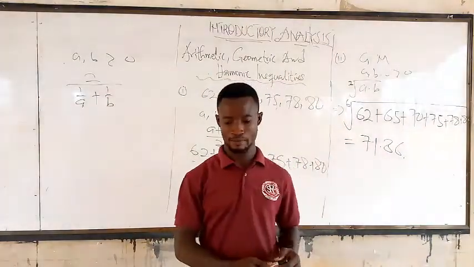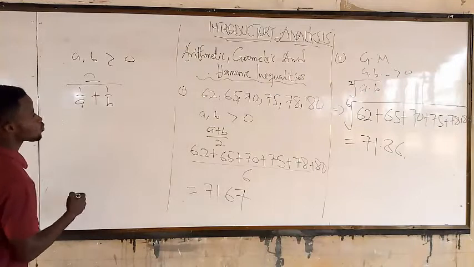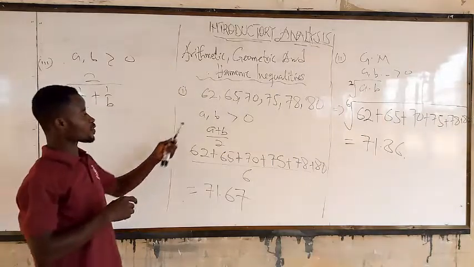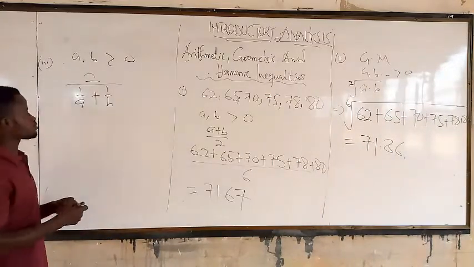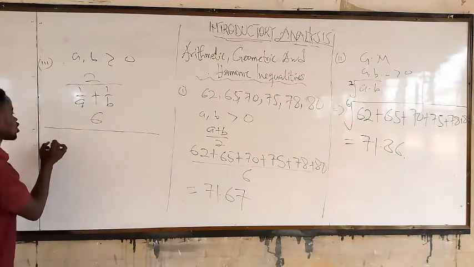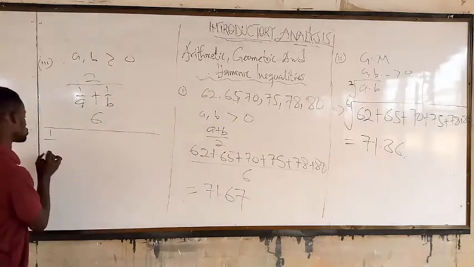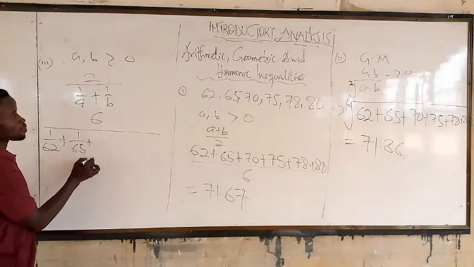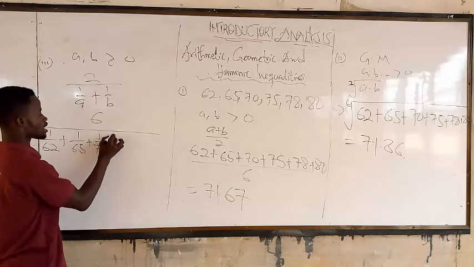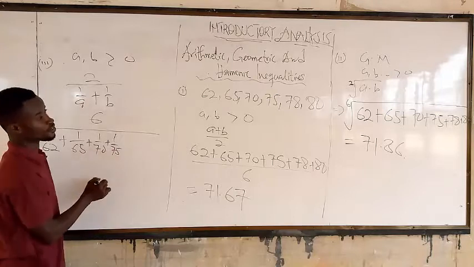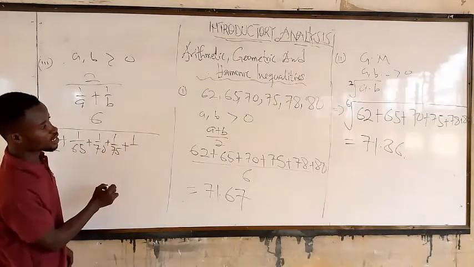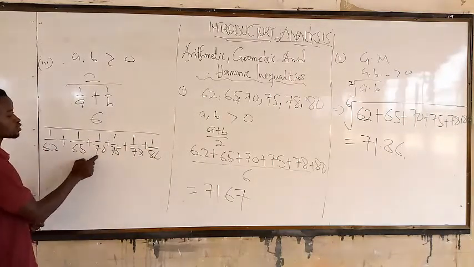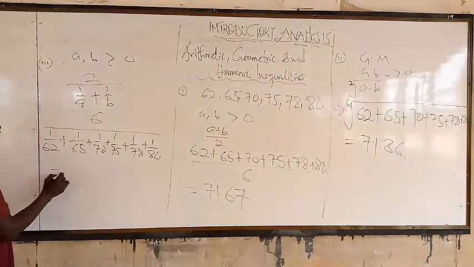In the same way, for the harmonic mean of this sequence, how many terms? 6. So 6 over 1 over 62, plus 1 over 65, plus 1 over 70, plus 1 over 75, plus 1 over 78, plus 1 over 80. So 1, 2, 3, 4, 5, 6.